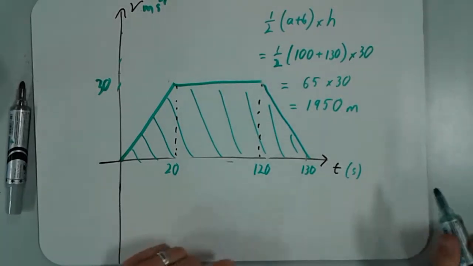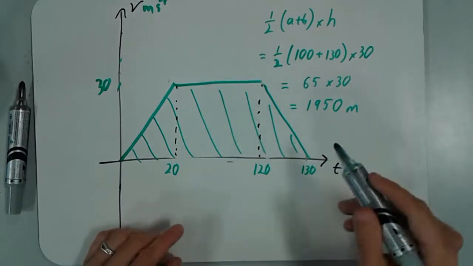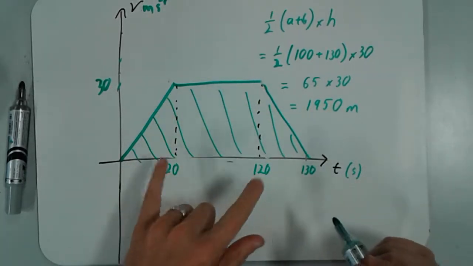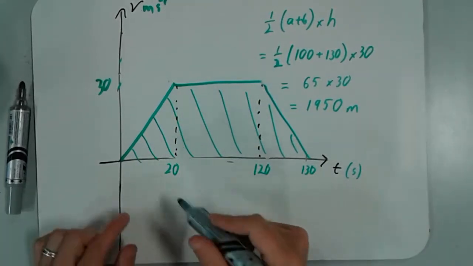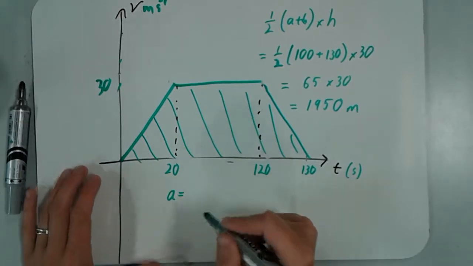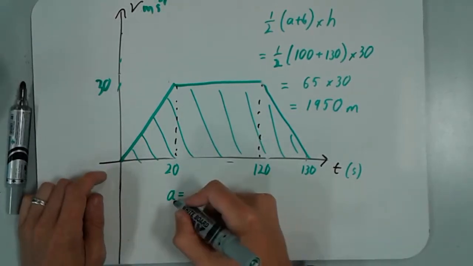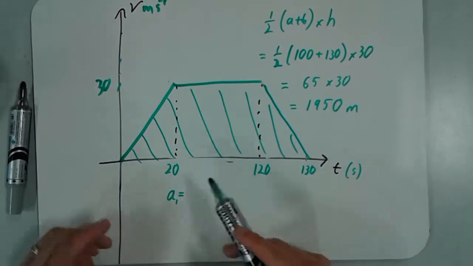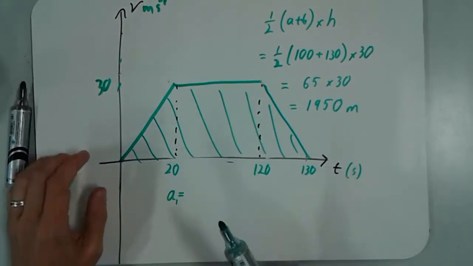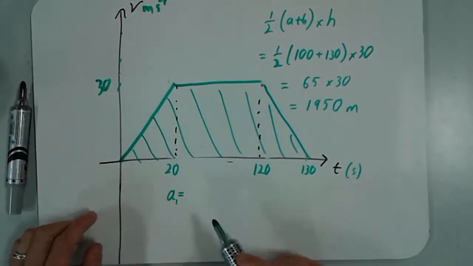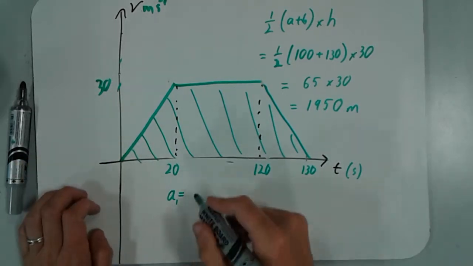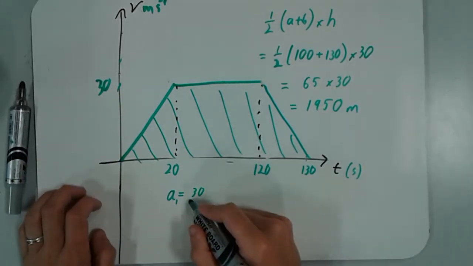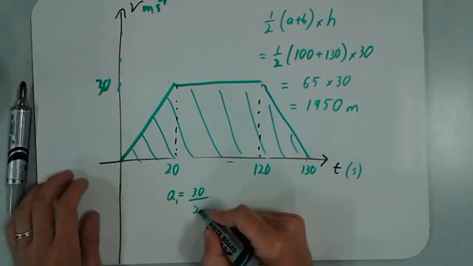One final thing that we may want to calculate, so we've seen that area is the displacement. Finally, acceleration in this first section here, so we'll call this A1 for the first section. Acceleration is the change in velocity per unit time. So in this case here, we had a change in velocity of 30 and a change in time of 20.